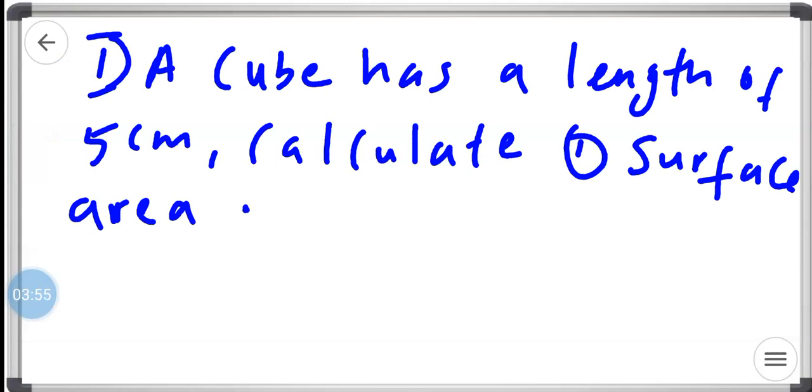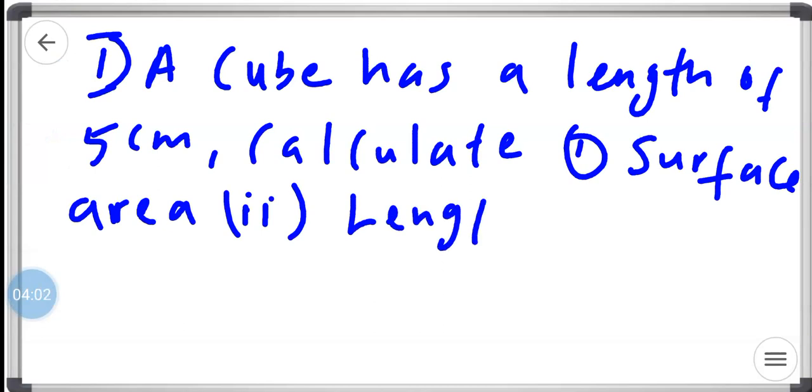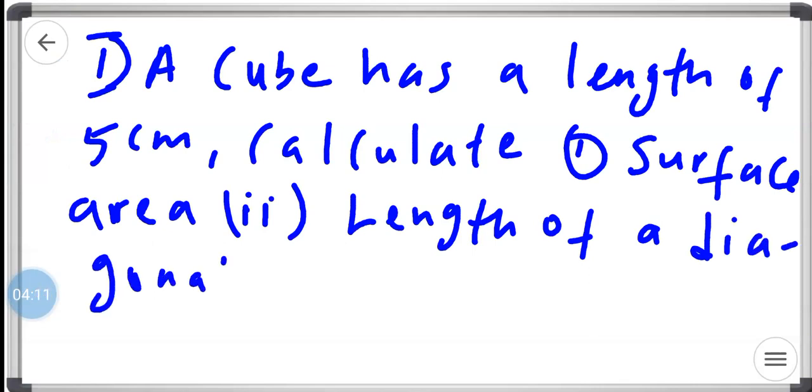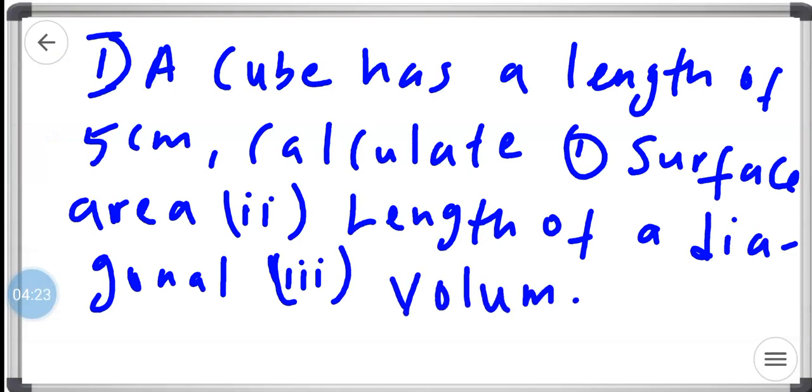Question two, the length of a diagonal. And the last question, three, the volume. So these are the questions that we want to solve.